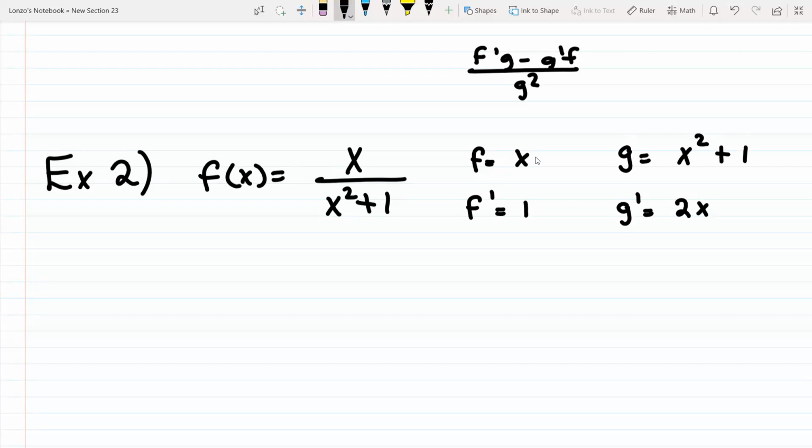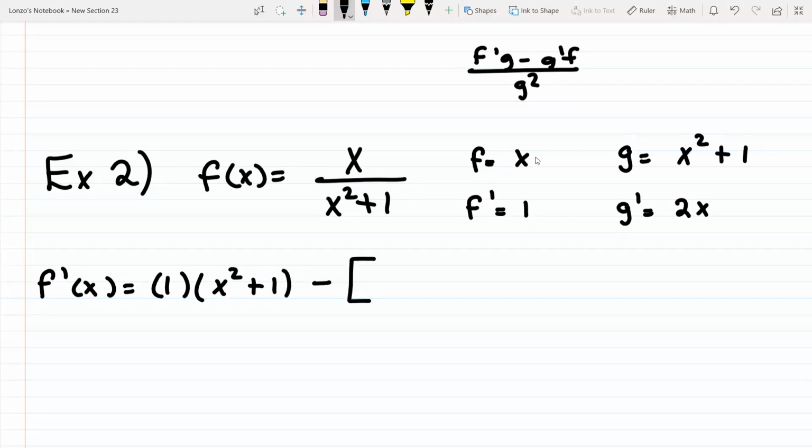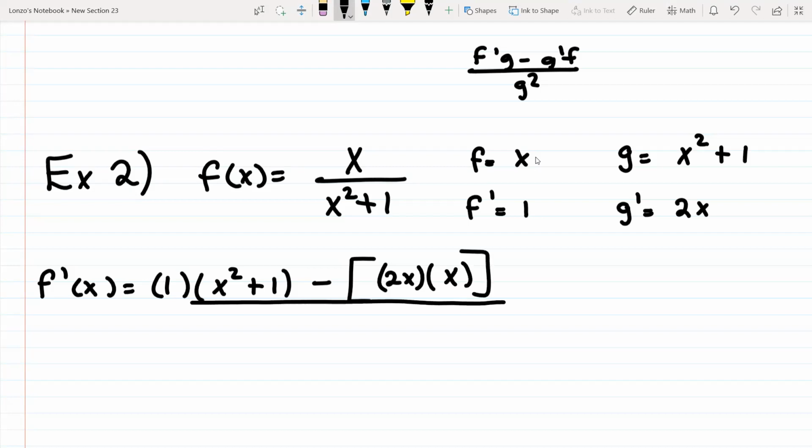So f prime of x equals f prime, which is 1, times g, which is x squared plus 1, minus g prime, which is 2x, times f, which is x, all over g squared, which is (x squared plus 1) squared.